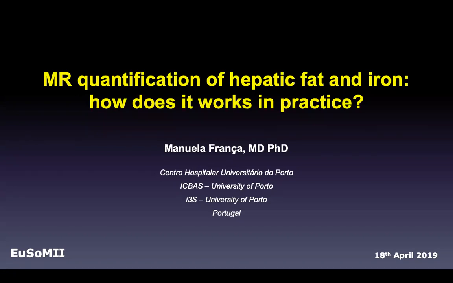Yes, well, I use ROIs, for example, for quantifying fat or iron in the pancreas, because it is smaller, of course, than the liver, and it's easier to look at the multi-echo images to be sure that I'm measuring in the parenchyma.